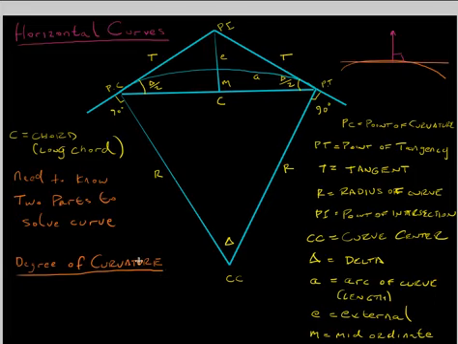The definition of the degree of curvature is the angle, maybe delta, subtended by 100 feet of arc.